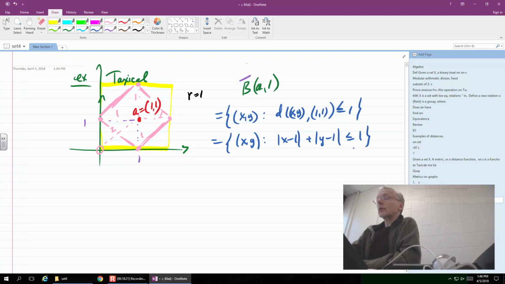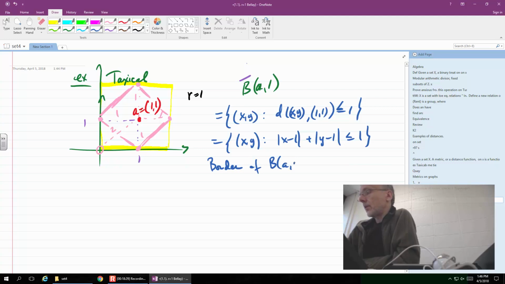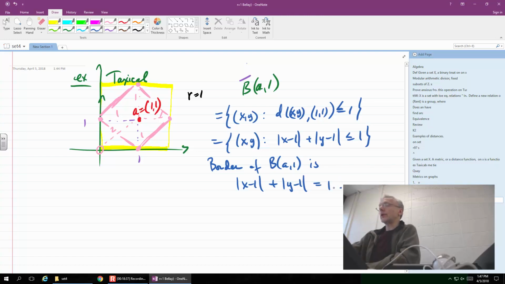Now if you're looking at the boundary of B1, it is |x minus 1| plus |y minus 1| equal to 1. So all you need to do is just to plot this thing, and I'm not sure how clear it is that we're going to end up with this.